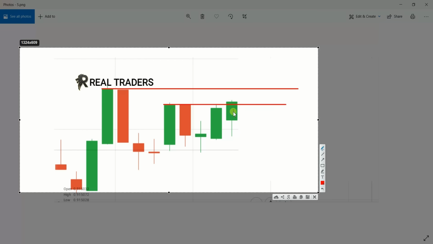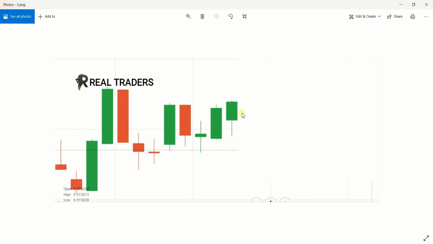So here also it broke this level, and there is still a gap to this above resistance level. So in trading you need to wait. Okay, so here if the market closes above the trend line, we could go with the buyers because of this level, but it opened below, so we need to wait.